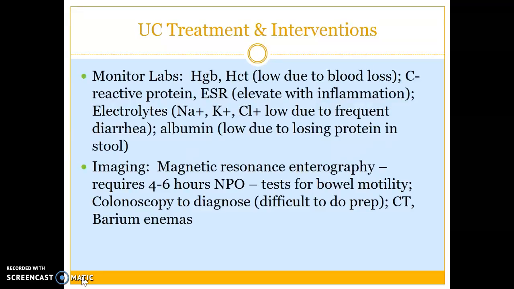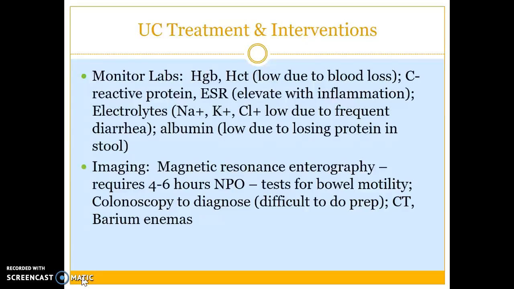If those come back positive for inflammation, then they're typically considered to be in an exacerbation. Again, you're looking for electrolytes like sodium, potassium, and chloride to be low because of the frequent diarrhea. They may also be losing protein in their stool, so their albumin could be low as well.